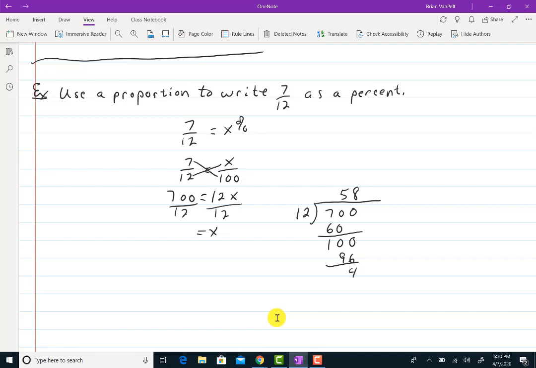So this is the same as 58 4/12. Hopefully you ought to know that that is the same as 58 1/3. So our answer is 58 1/3%. Or if you were a decimal kind of a person, that's 58.3 with a bar over it percent.